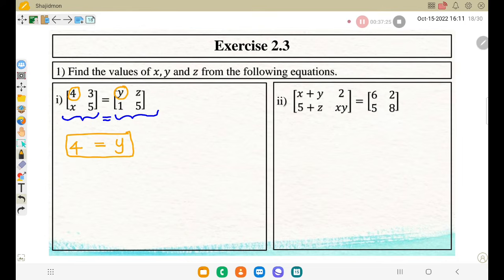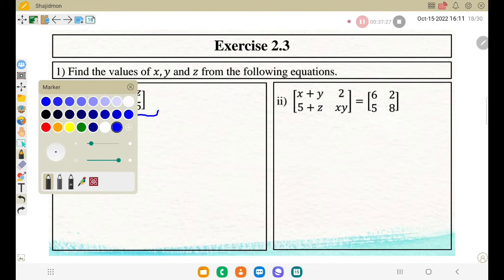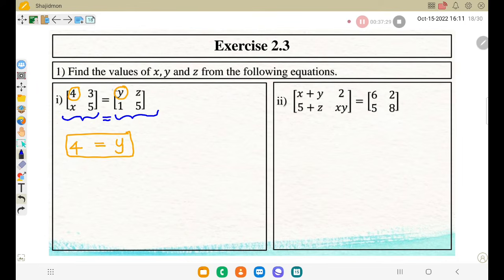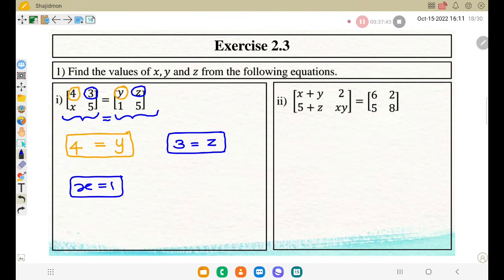Now the second number should be the same. What is the second number? 3 and z, correct? So 3 equals z, we got that also. Now the third number, x and 1, so x equals 1, we got the x number also. 5 equals 5, that is the same. So x is 1, y is 4, z is 3. That is the question we need to do there. What are the values of x, y and z? I hope you understood that question.